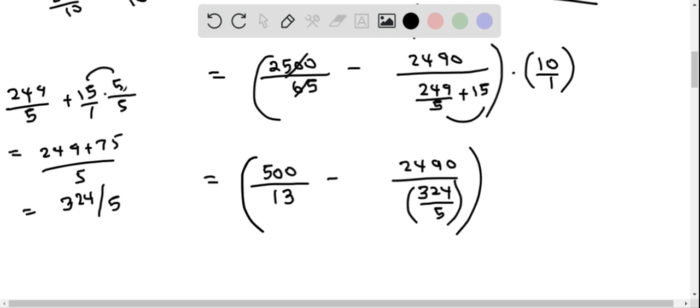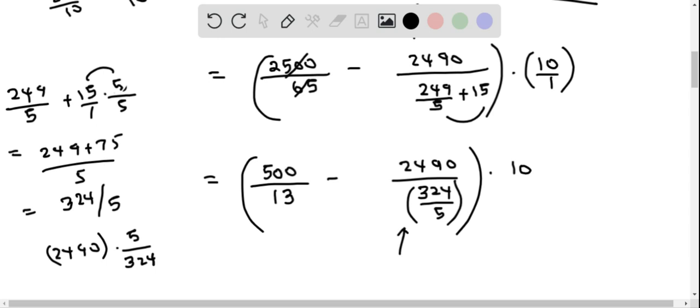And this is completely multiplied by 10. And so we can rewrite this second fraction. Since we have a fraction in the denominator, we can rewrite this as 2490 times the reciprocal of the denominator, which is 5 over 324.